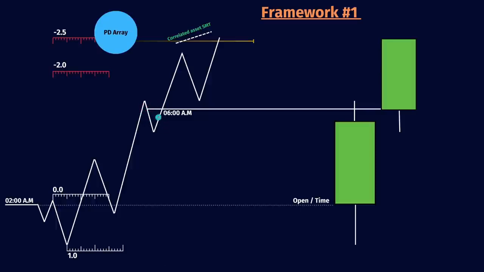But at the same time, price doesn't reach the 2 deviations or the PD array on higher time frame or the 2.5 deviations here. So when price opens this 6 a.m. candle, this price dynamic has unfinished business due to this PD array on higher time frames.